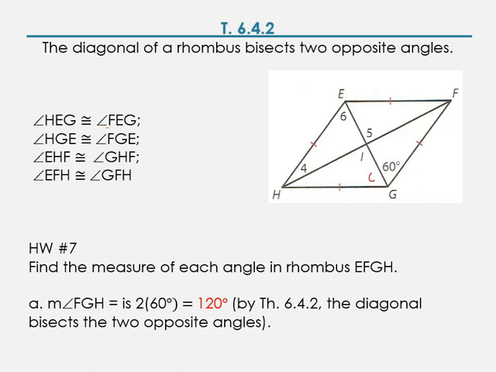So 2 times 60, because they were bisected angles and they're congruent to each other. And that will be your answer: 120 degrees.